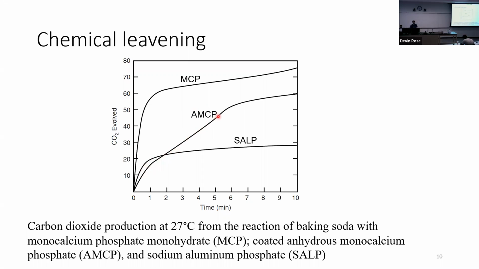Then the release of that carbon dioxide is much slower. So we would call anhydrous monocalcium phosphate a slow-acting acid, and this monocalcium phosphate here would be a fast-acting acid.